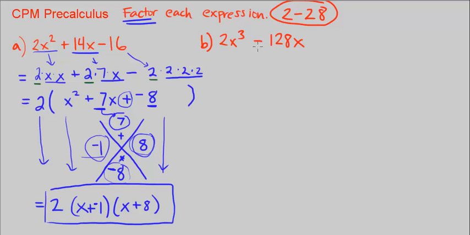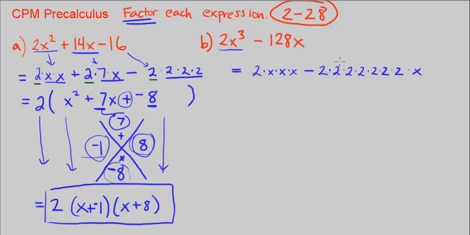Let's do the same thing for part B. First, I'm going to factor each term separately. 2x cubed is just 2 times x times x times x. Minus 128 is 2 times 64, which is 2 times 32, which is 2 times 16, which is 2 times 8, which is 2 times 4, which is 2 times 2.